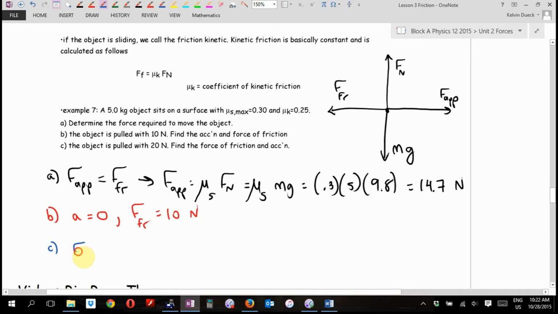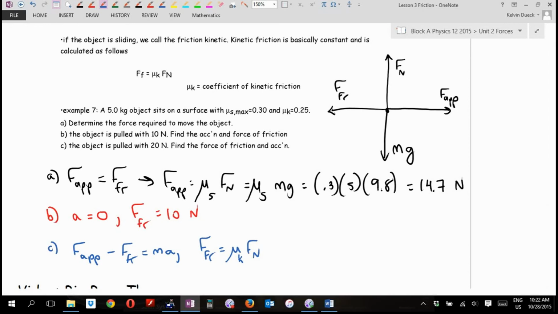So here's my equation. Where the force of friction now, well, that's going to be mu times the normal force. Which mu? The moving one. The 0.25.